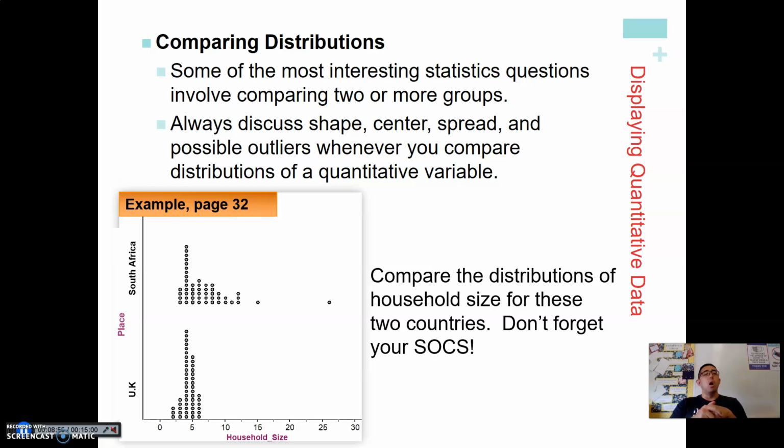The spread for families in South Africa is somewhere around 20, and for the UK, it's around 5. And that's how you would compare your shape, center, spread, outlier.